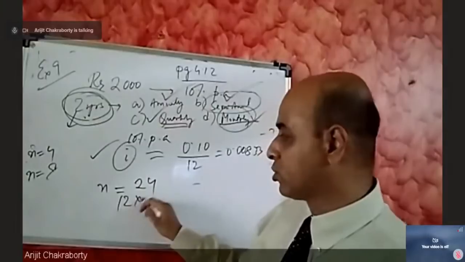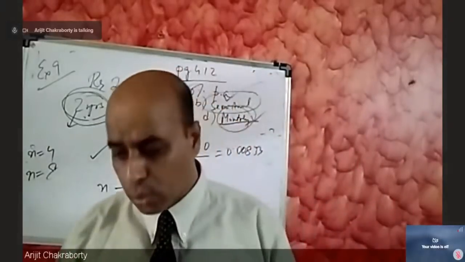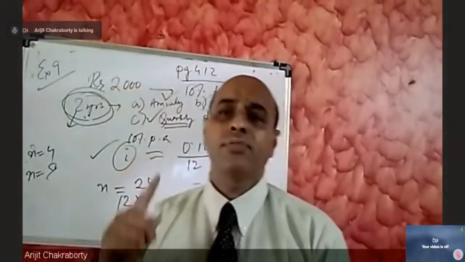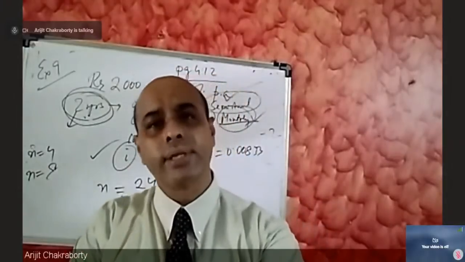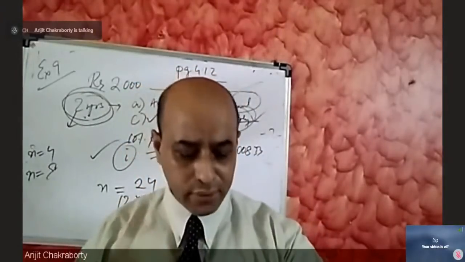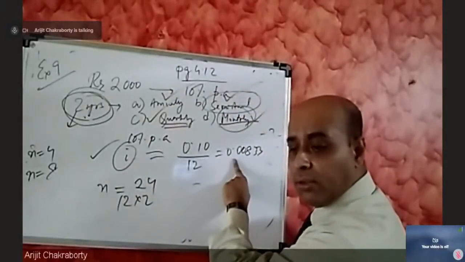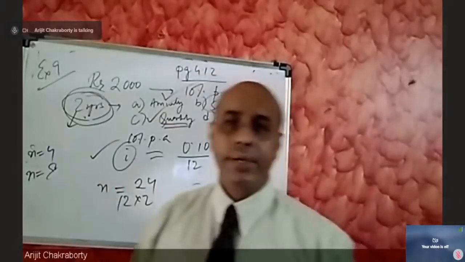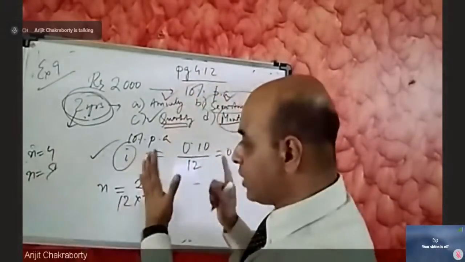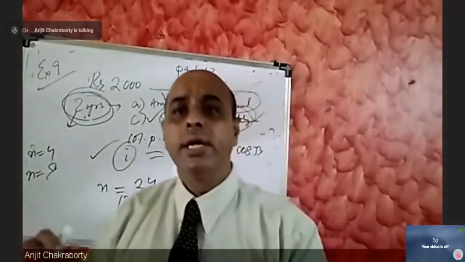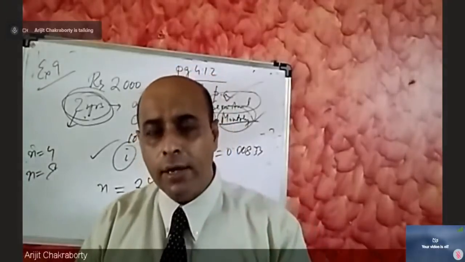That is 12 into 2. N becomes 24. So, the number of conversion periods becomes 24. N is 24. And what we get is I is 0.00833.